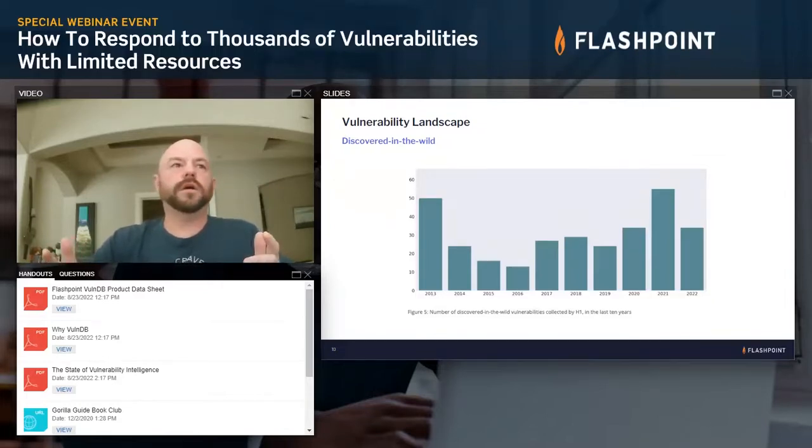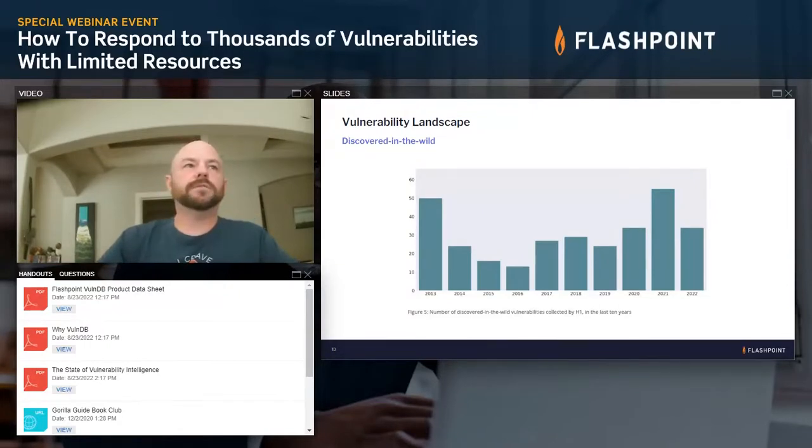One of our core tenets is that we want to aggregate all of the vulnerabilities, regardless of what software, regardless of the severity, and put it in the database so that you can decide what's important to you. Because a vulnerability in some obscure system may not impact you, but it may impact the next organization.